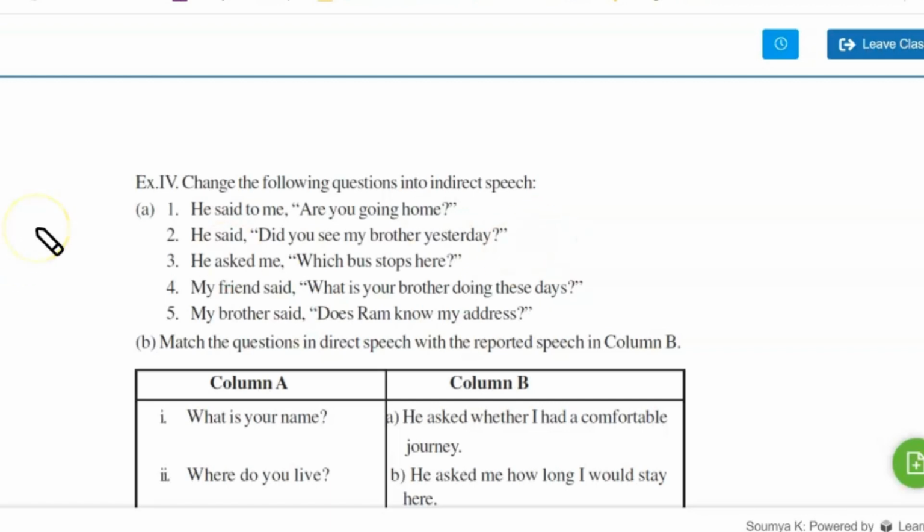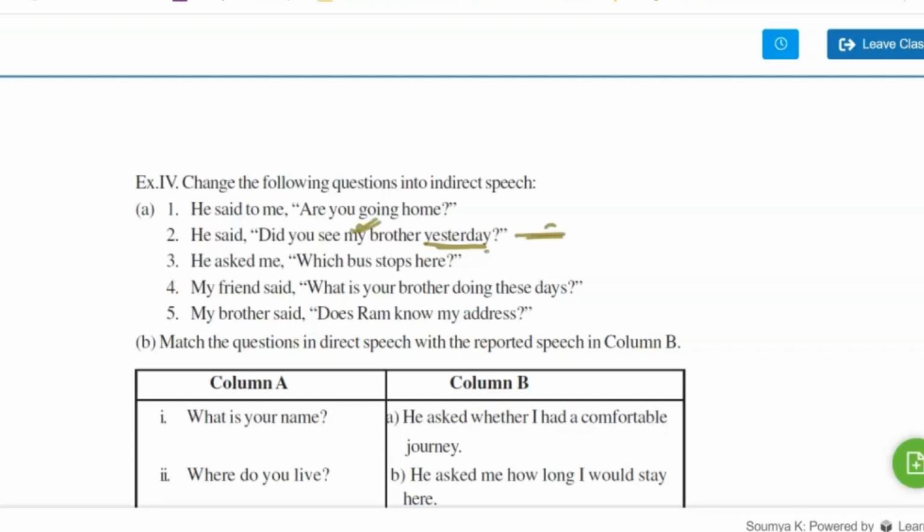He said, did you see my brother yesterday? So he is not saying, he is asking. So he asked whether you saw my brother yesterday. And instead of yesterday, the word is the previous day. So it would be, he asked if I saw his brother the previous day.